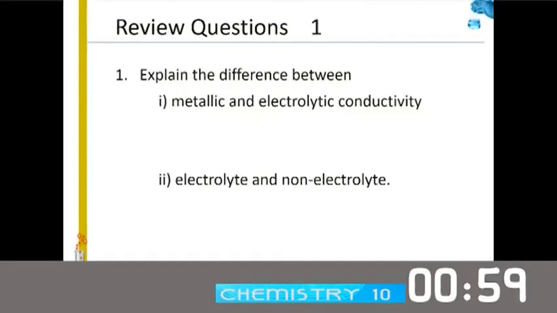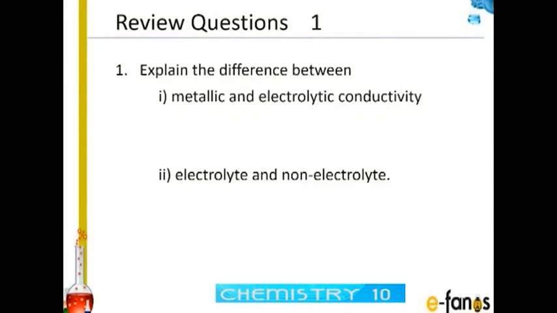Review question 1. Explain the difference between metallic and electrolytic conductivity.